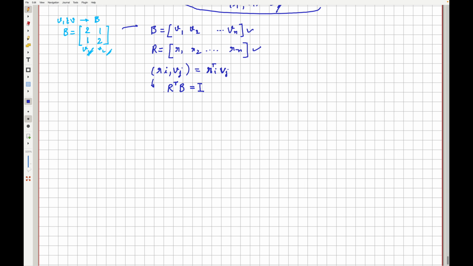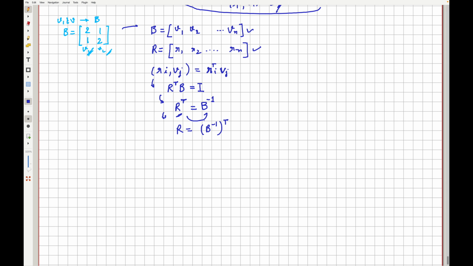If we bring B to the other side, we get R transpose is equal to B inverse. So the matrix of reciprocal basis vectors, when transposed, is exactly the inverse of the matrix formed by the original basis vectors in B. If we take the transpose of both sides, we get R is equal to B inverse transpose.